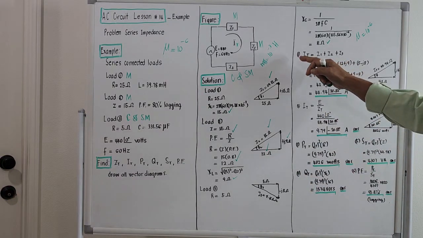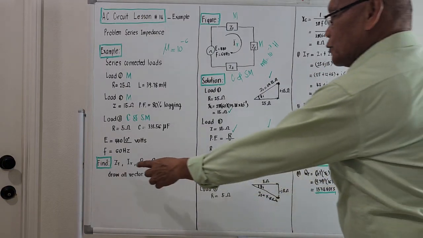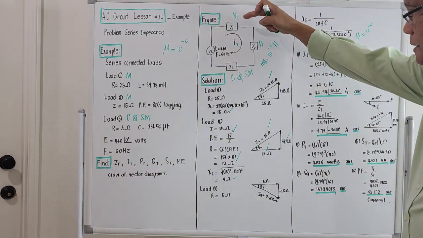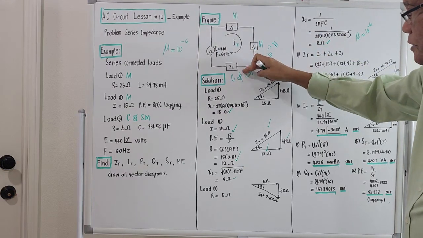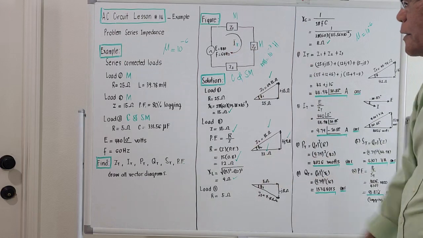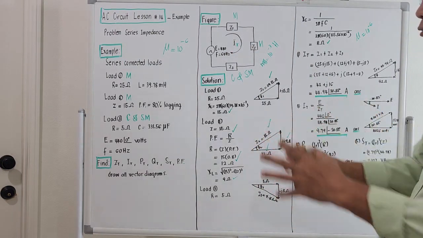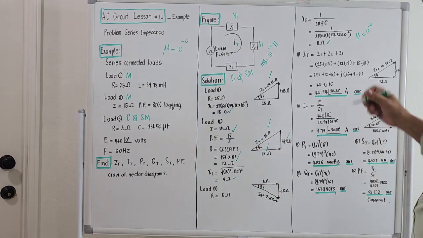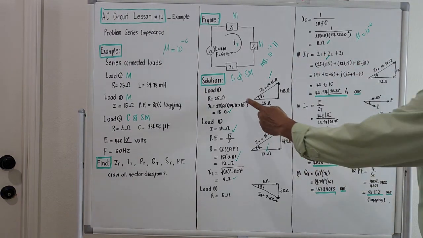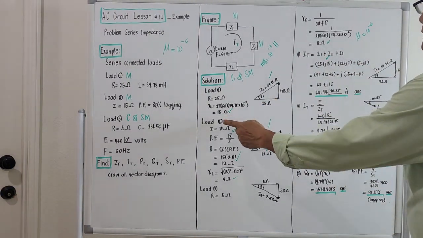So, if we compute the total impedance, it will be the sum of Z1, Z2, and Z3, but they should all be in rectangular form. And we have done that already. Z1 is 25 plus j15.